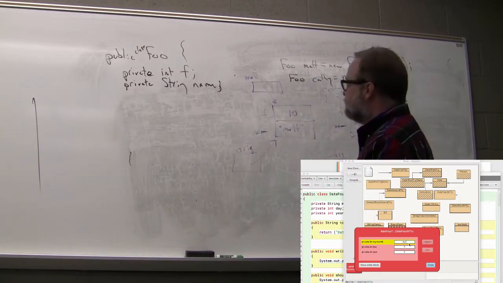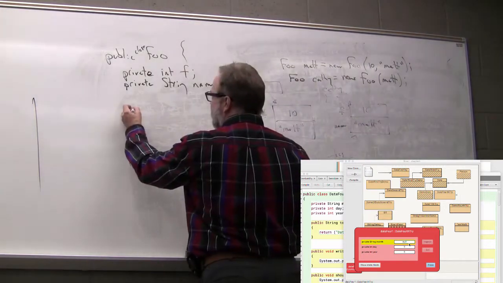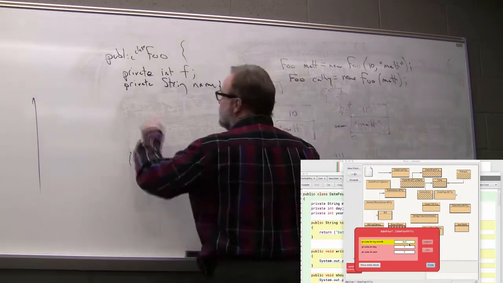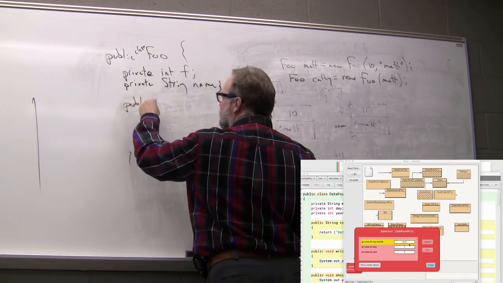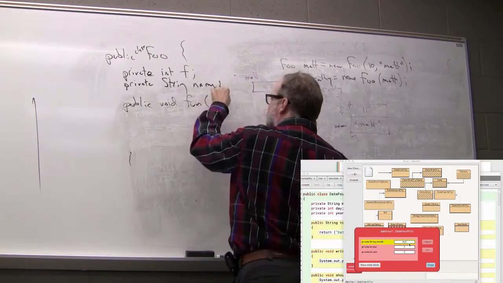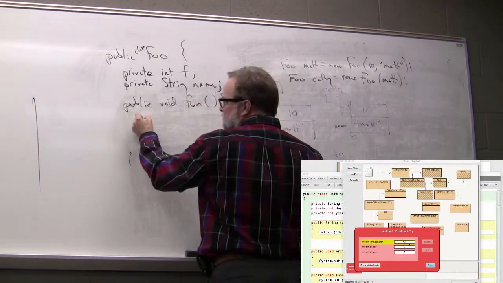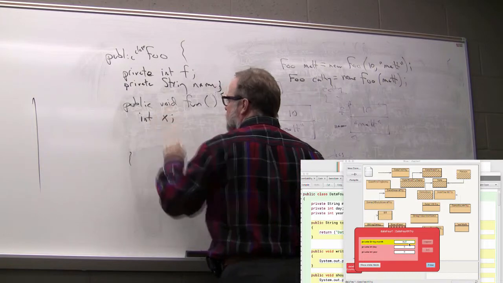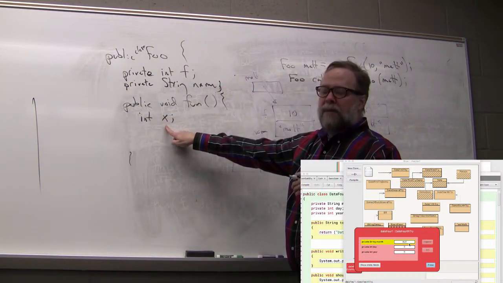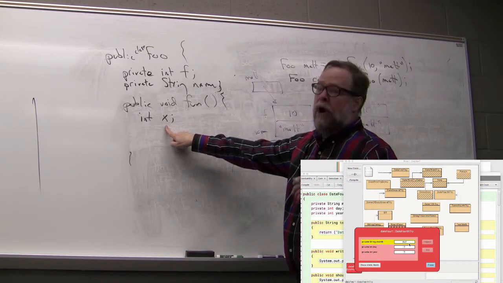So again, I have a method in here, and I'll use the black pen so you can see what's happening. I could say public void fun, and do a local variable, int x. So there, I've declared the variable, but I haven't given it a value yet. x is not 0.